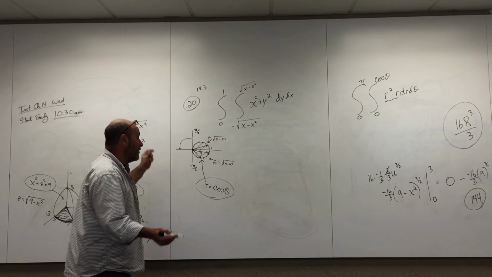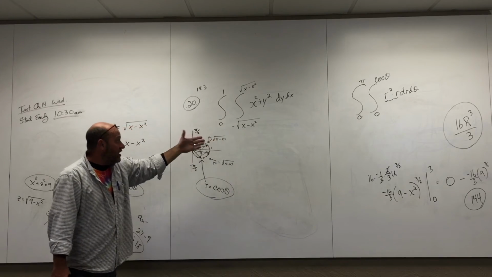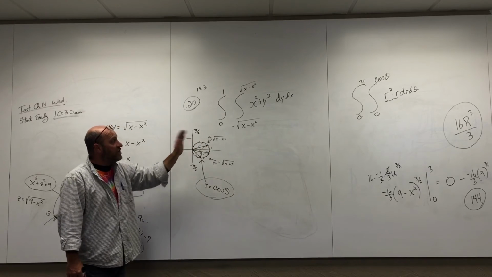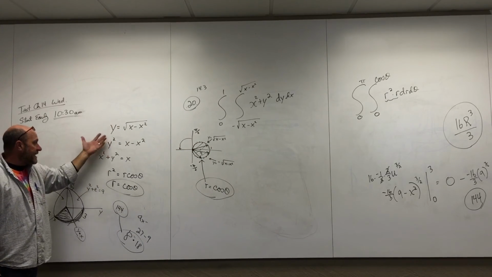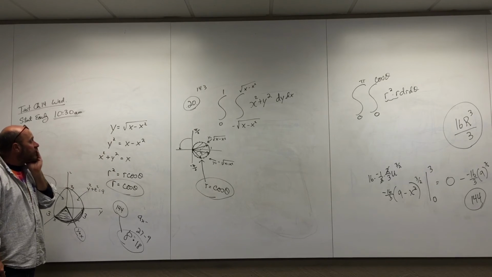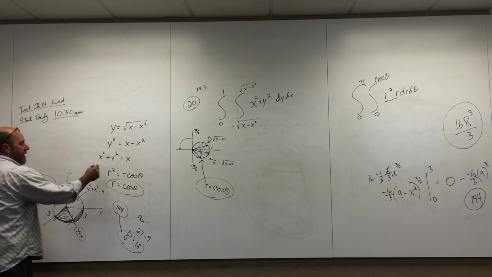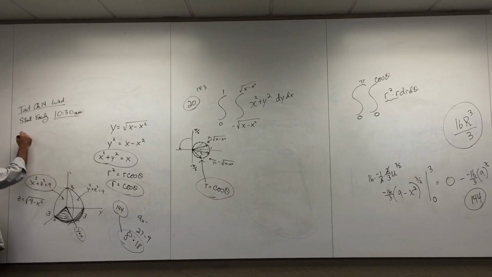So I just helped you. The main thing was helping you with this. What the hell is this? And if you call it y and use your graphing calculator, you can sort of see it. But what it is, it's just an off-centered circle. You convert it to polar by doing this. In rectangular, you do this.